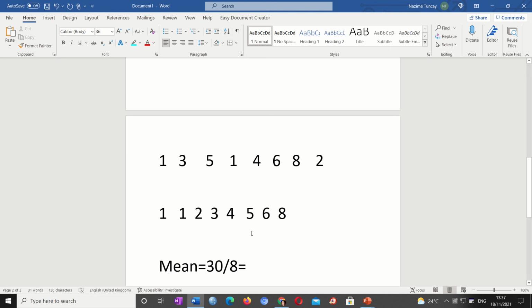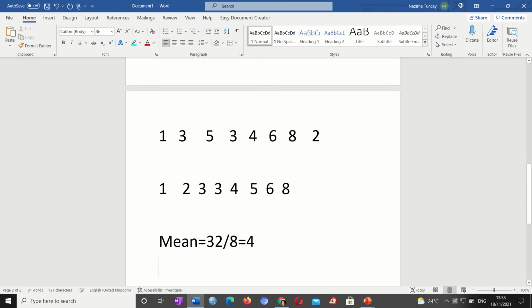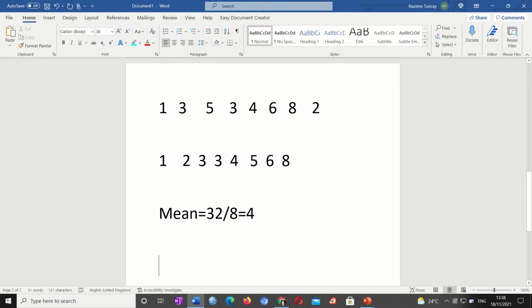Let me change the numbers to make the calculation easy, and I'm going to give it like that in the exam. So this is 32, over 8 is 4. So this is mean.